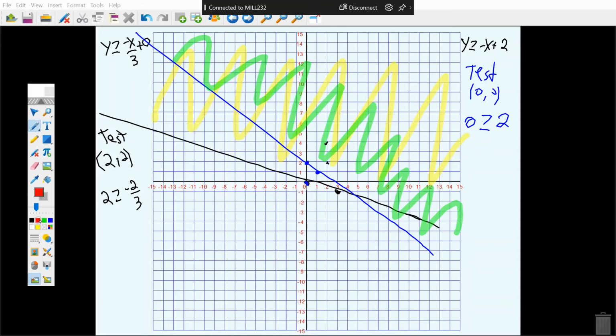Maybe we'll put our possible values in red. 2 and 4. We could use 5 and 3. We could use -3 and 7. Anything that falls above the black line that's also above the blue line are possible values. Okay?